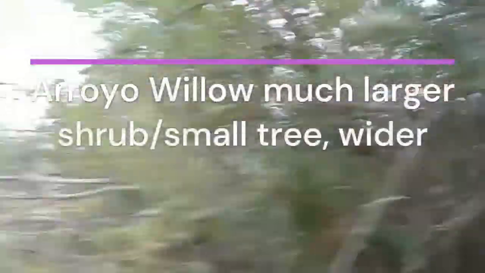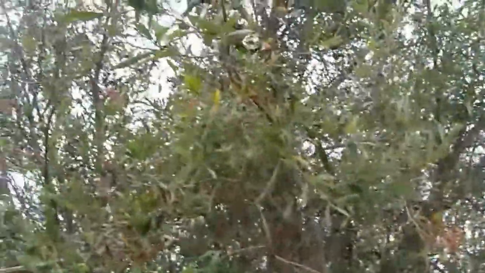I wouldn't really think that would be too easy to confuse. Arroyo willow is a much bulkier shrub, sometimes small tree, much larger leaves, much larger trunks, and again, look at the finer texture of the really narrow foliage here on Salix exigua.